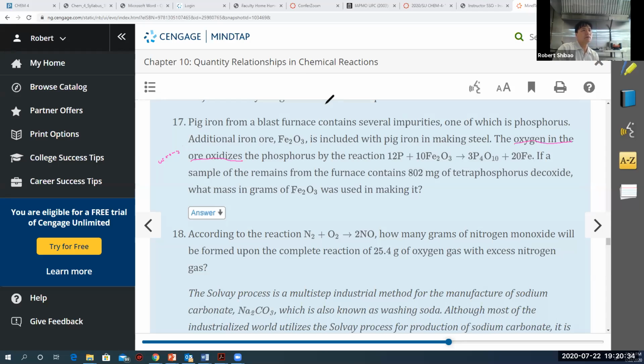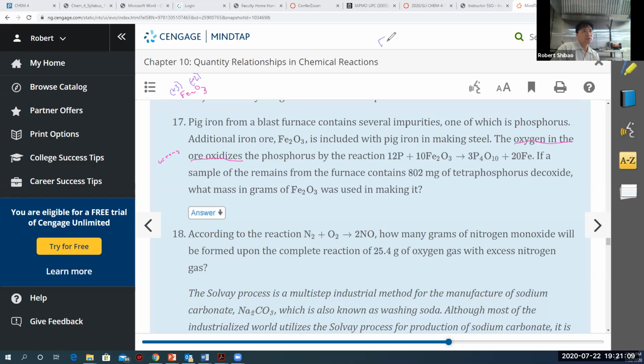The oxygen in the ore doesn't oxidize anything. We have Fe2O3. Oxygen is already happy. Oxygen doesn't need to oxidize anything. Oxygen's happy because it's already -2. However, iron is +3.